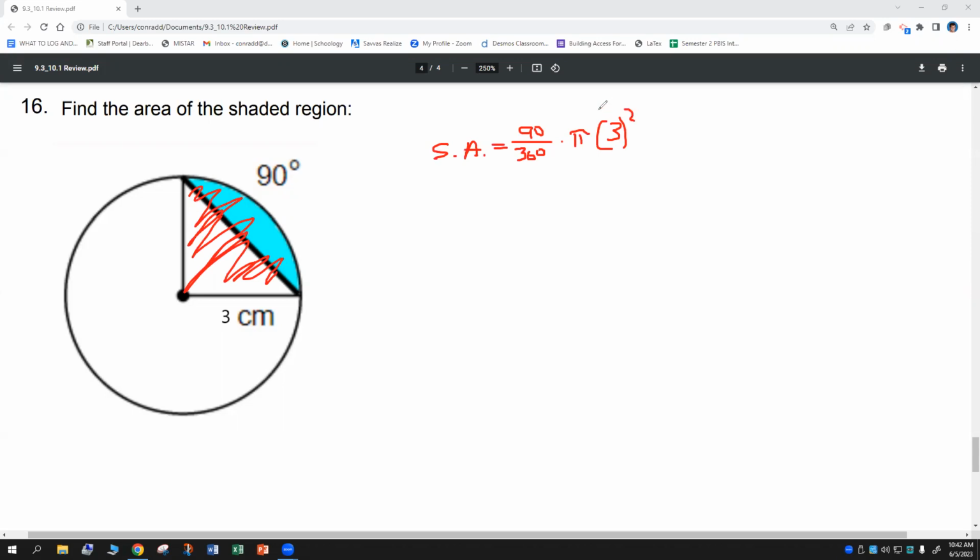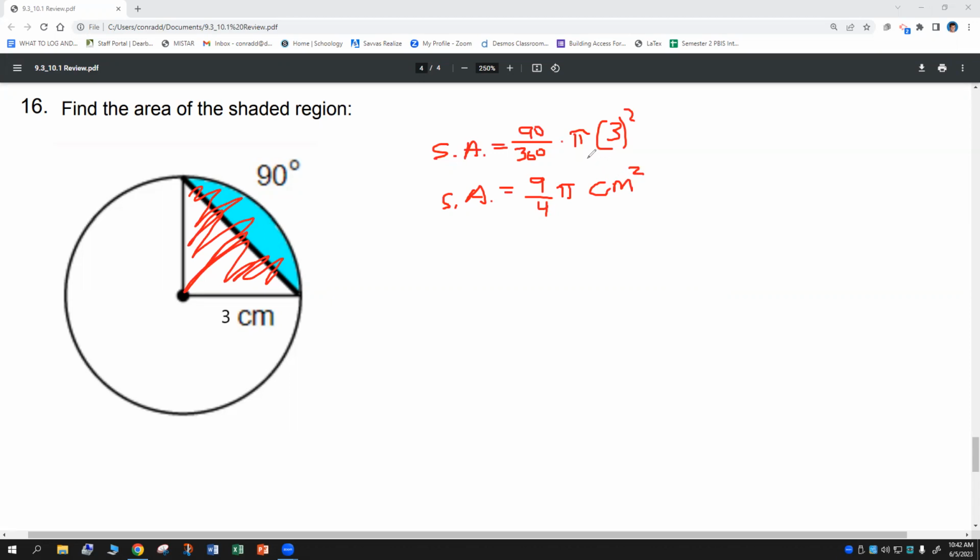Okay. If I put that in my calculator, I'm going to get 9 over 4 pi centimeters squared.